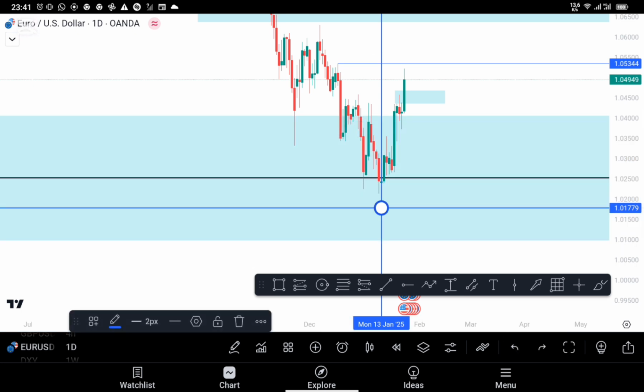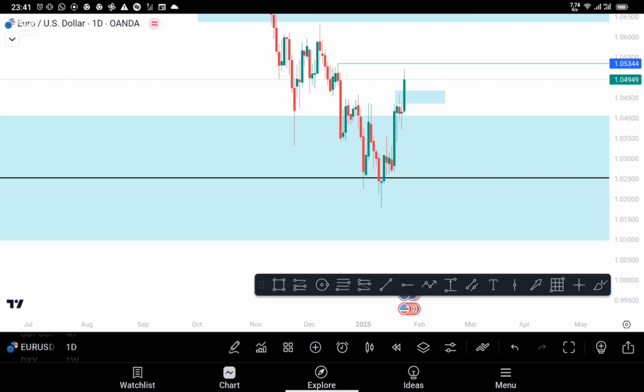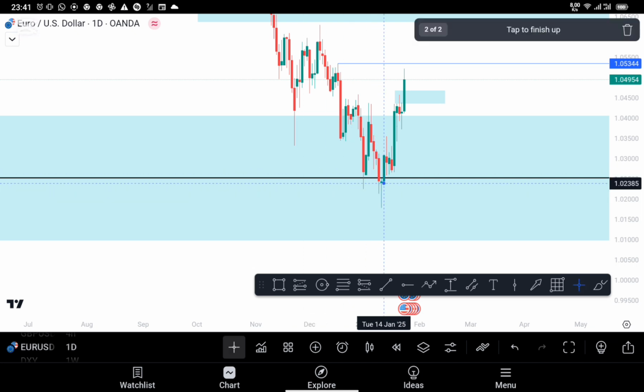Okay, so this is the turning point it formed, and then we started to disrespect bearish arrays.